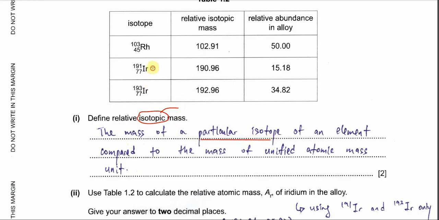For example, iridium-191 and iridium-193 are particular isotopes with a certain mass number. So it is the mass of a particular isotope of an element, let's say iridium. They are the same element but have different mass because of different neutron numbers, so they are different isotopes of an element, compared to the mass of the unified atomic mass unit.